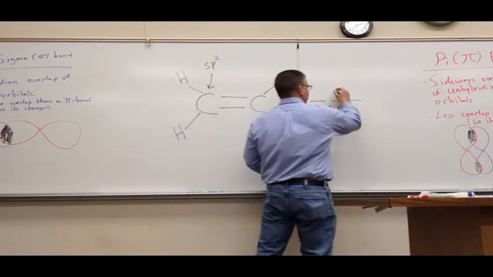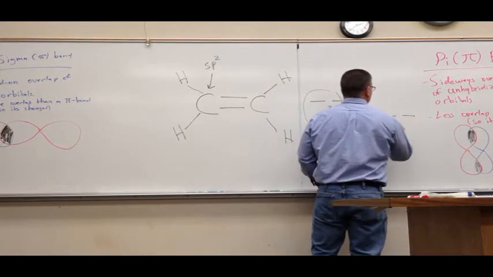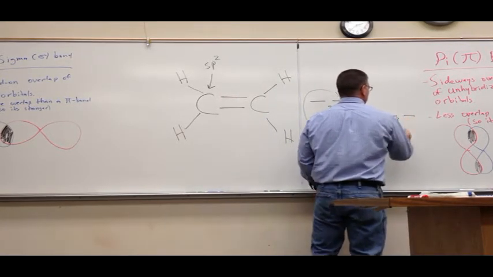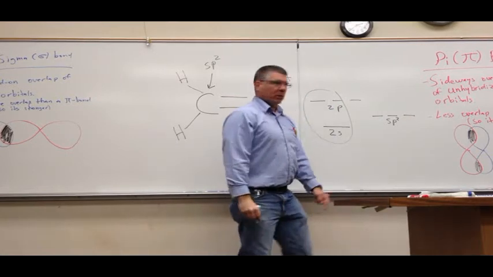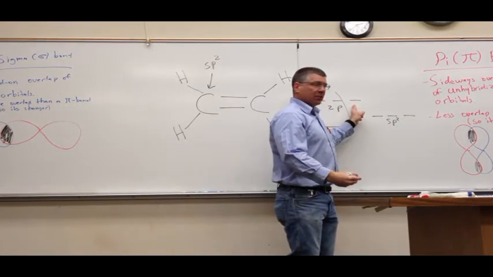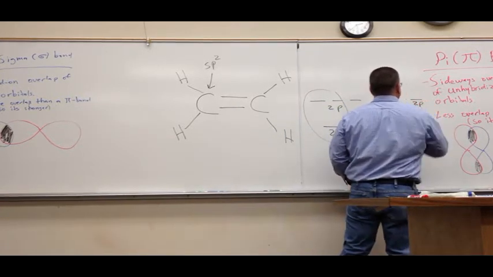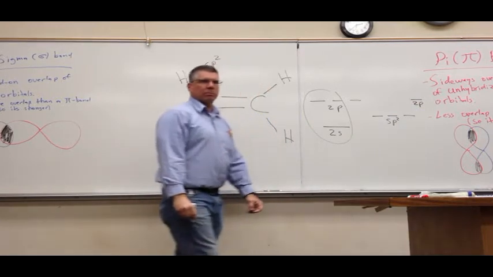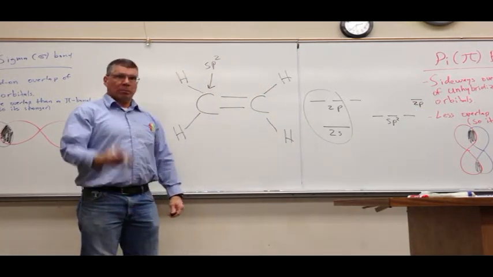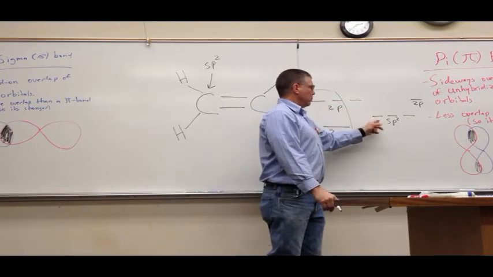So this one and any two of these make three sp2 orbitals. But this one 2p orbital, the p orbital that's not involved in the hybridization, is still there. Orbitals are conserved, right? Count them, it's good. 1, 2, 3, 4.